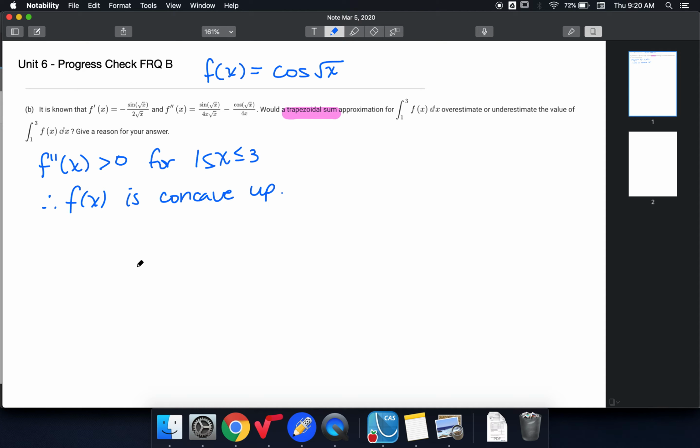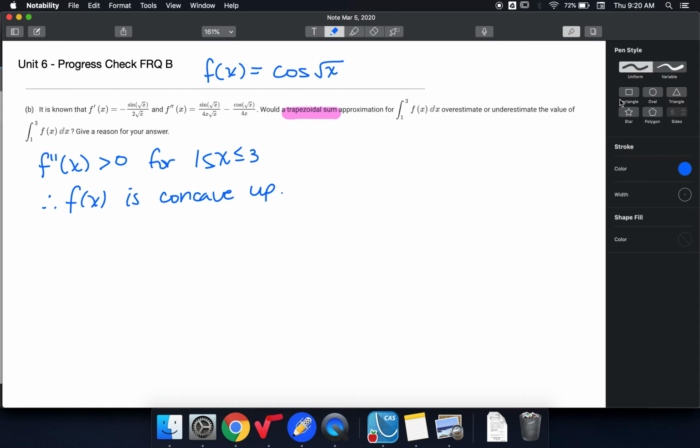And if I think about trapezoidal sums, I'm going to thin the pen down a bit. If I have something that's concave up and I'm doing a trapezoidal approximation, that means I'm going to have this value here, this value here, here to here, here to here.